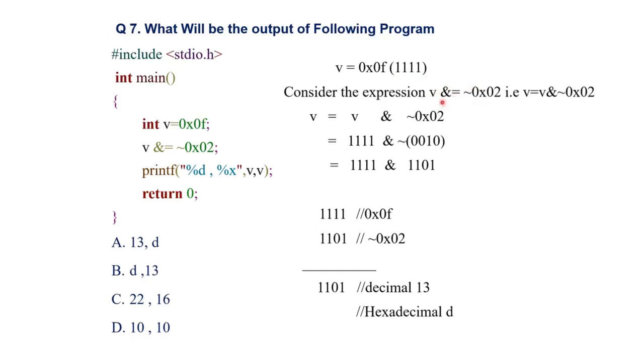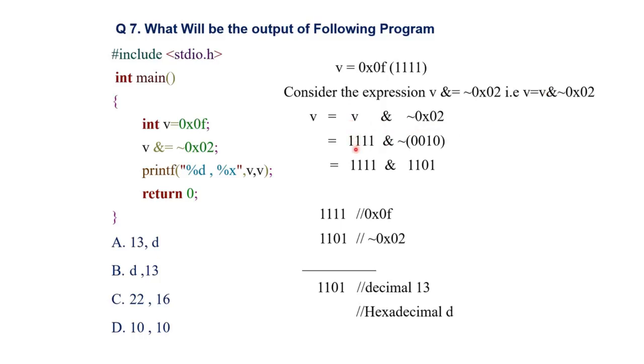Here this is a shorthand assignment operator which can be expanded like this. So this statement is equivalent to v = v & ~0x02. Let us solve this expression. In this expression, the right hand side will be solved first.